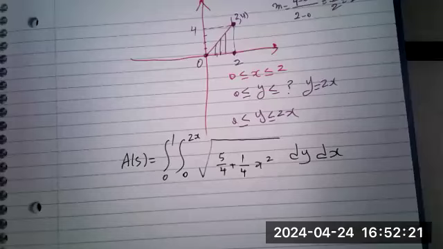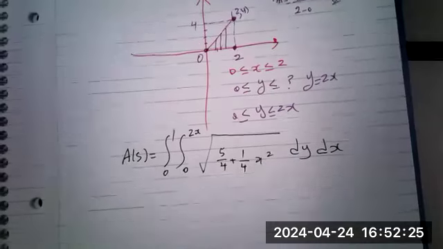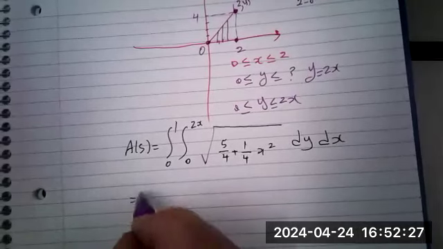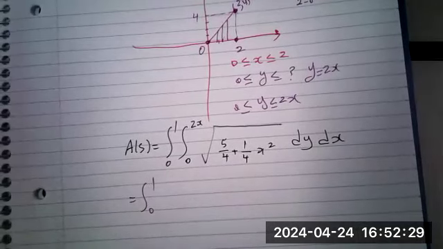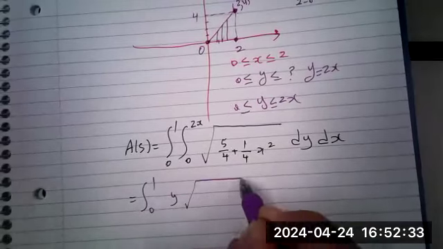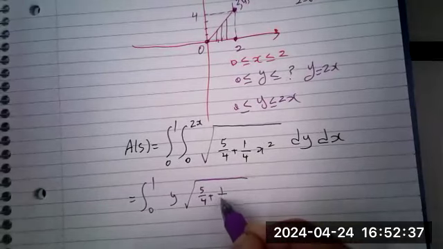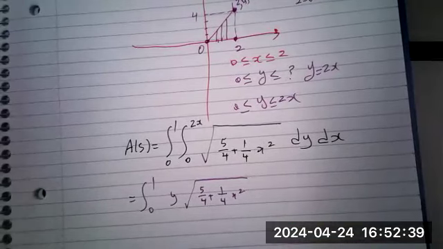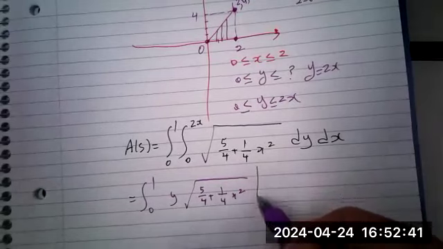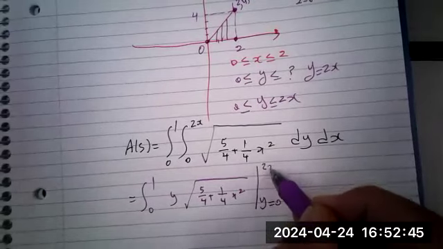We integrate with respect to y, so that gives you only y. Then that creates du prime for the second part. So it's going to be 0 to 1. 5/4 plus a quarter times x squared, and y going from 0 to 2x.